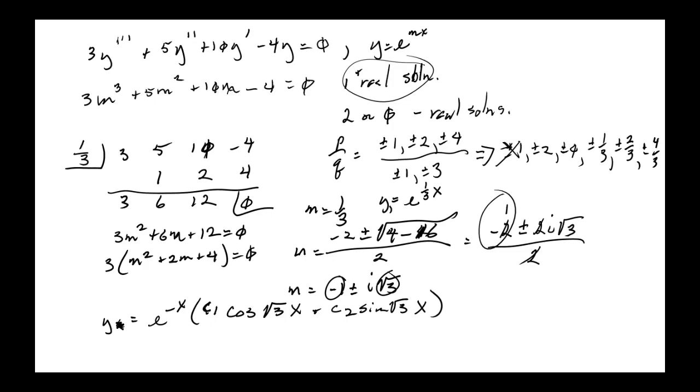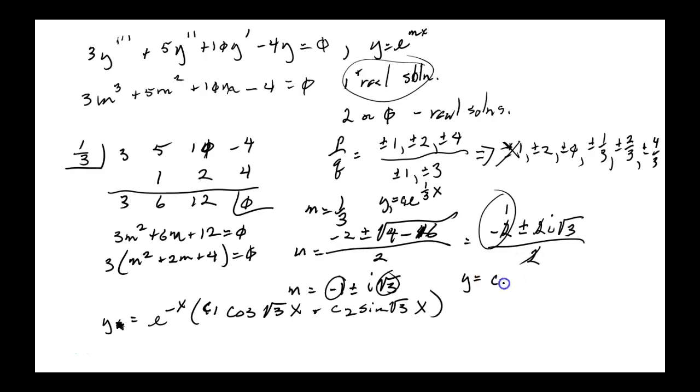Now, actually, the better way to write this would have been, this is your complete solution, your total solution: y equals C1 e to the 1/3 x plus e to the minus x times C2 cosine root 3x plus C3 sine root 3x.